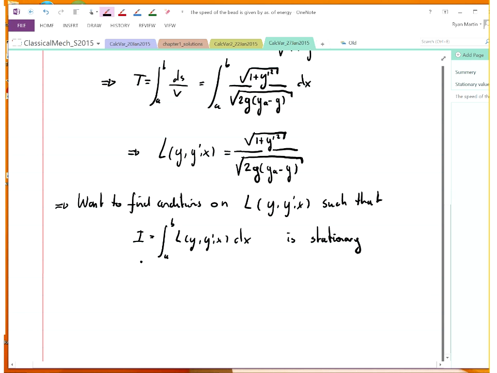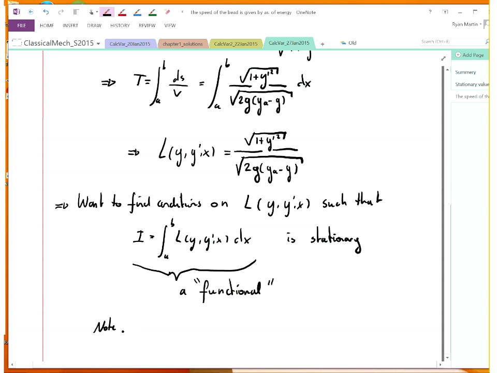So we call this whole integral here a functional. We want to find y so that the functional I is stationary.